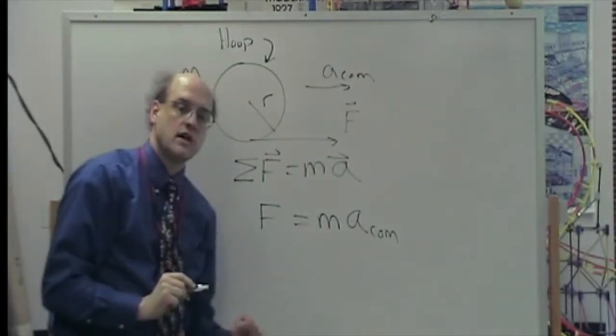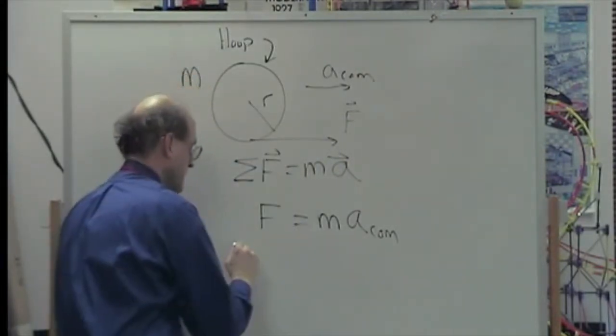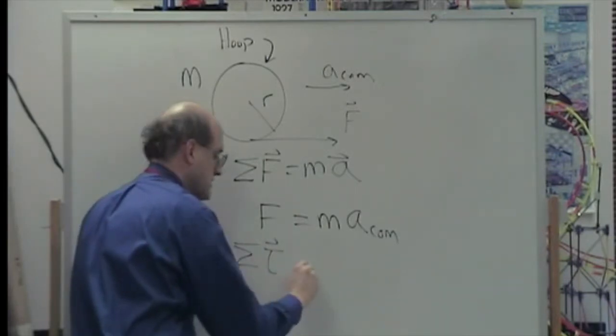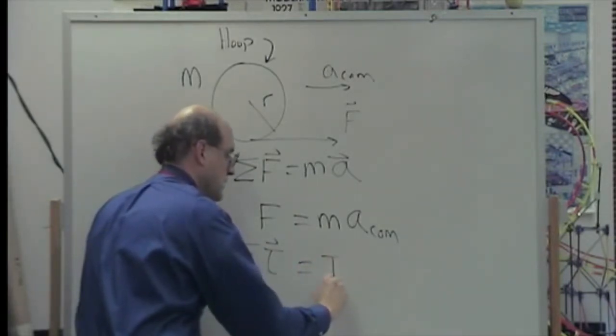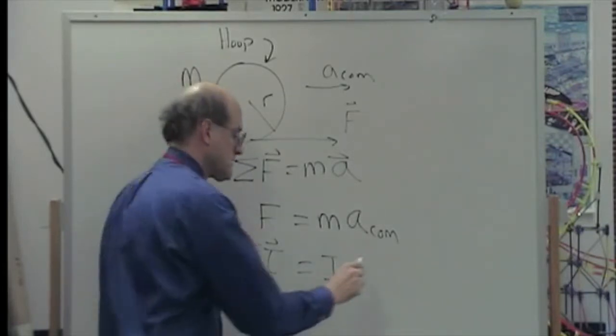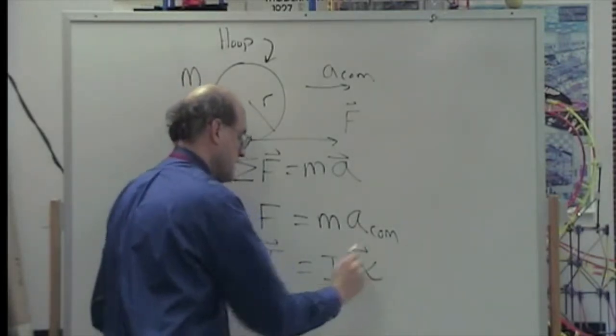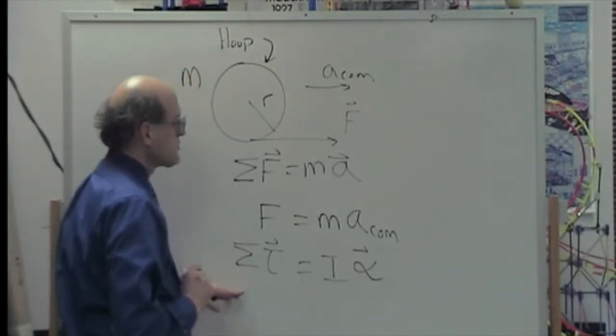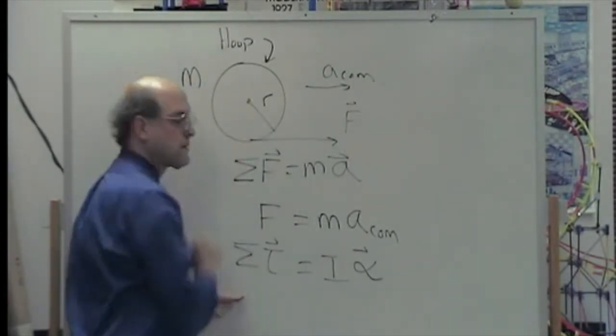Now let's apply Newton's second law of rotation. Net torque about any axis is equal to the moment of inertia about that axis times the angular acceleration. Let's sum torques about the center of mass.